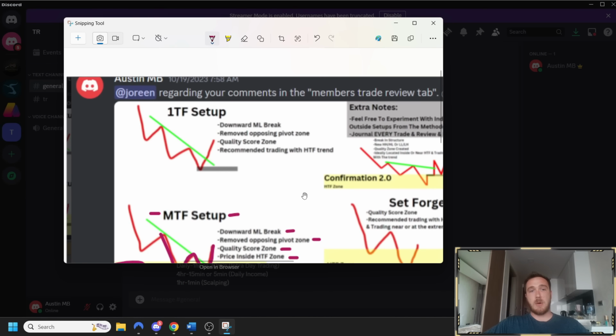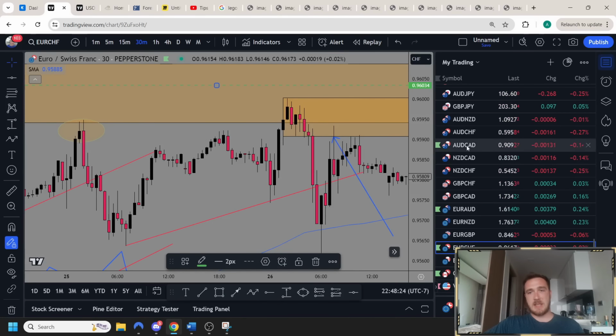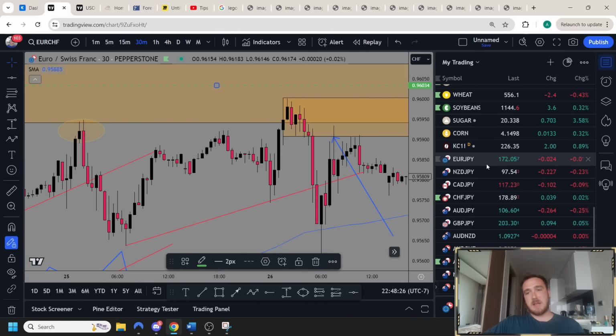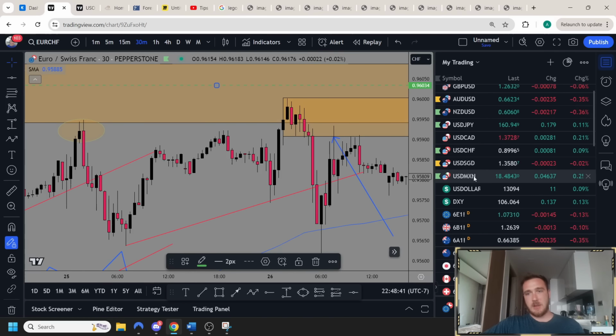Then we started discussing the one time frame setup. Let me break down what it is. The one time frame setup is when we don't necessarily need price inside a higher time frame supply or demand zone, but we must trade with the higher time frame trend. This was a trade example, USD Mexican.